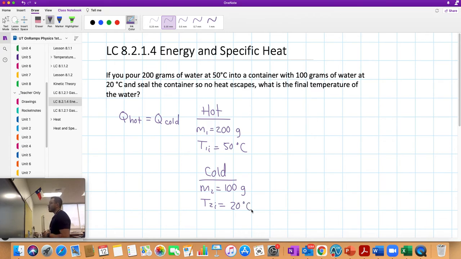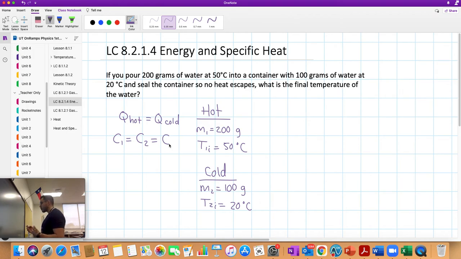There you go. Now, specific heat. Well, we have water for both parts of the system, so we can say specific heat 1 for the hot setup is the same as specific heat 2, which we can just call specific heat with no subscript.